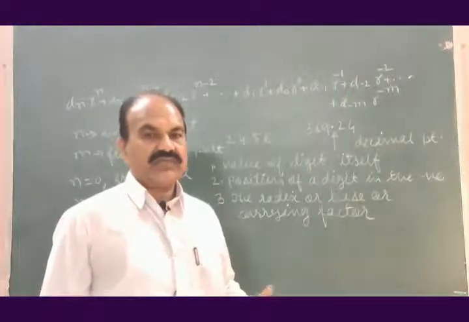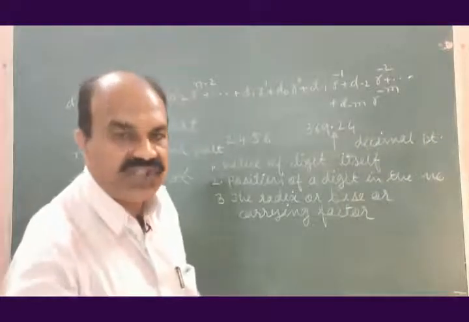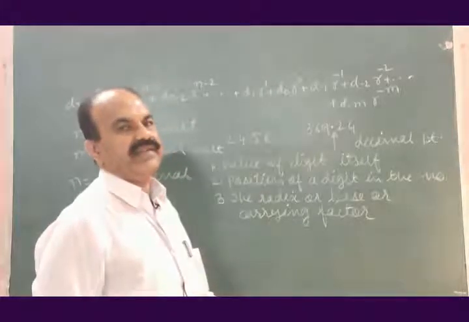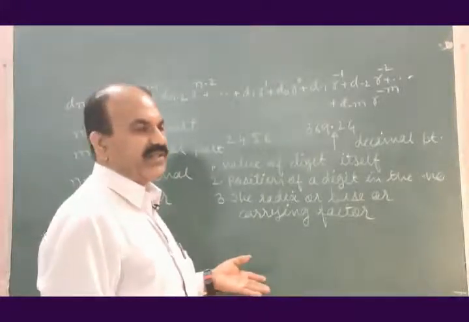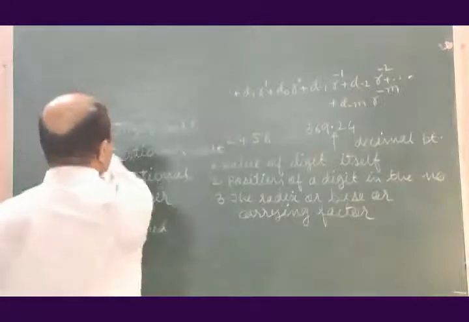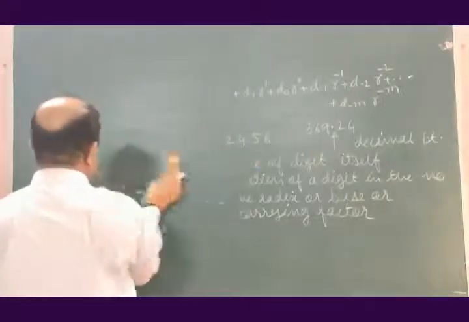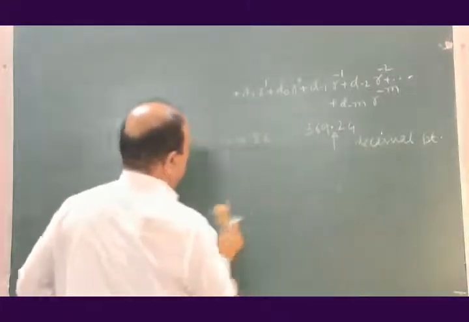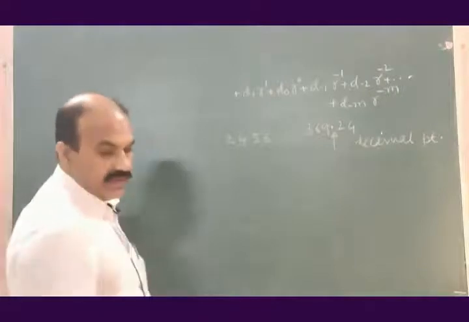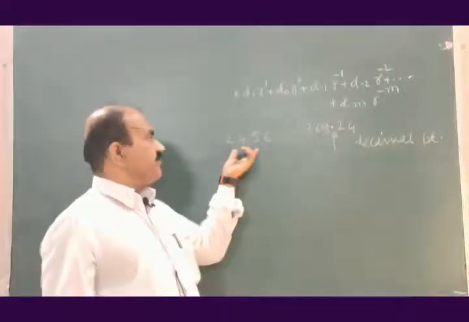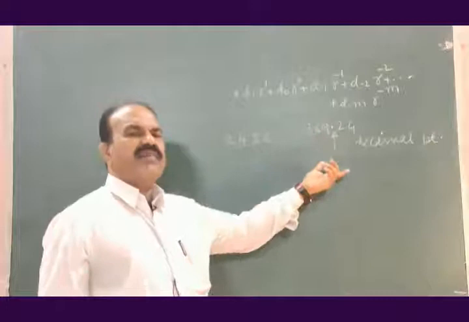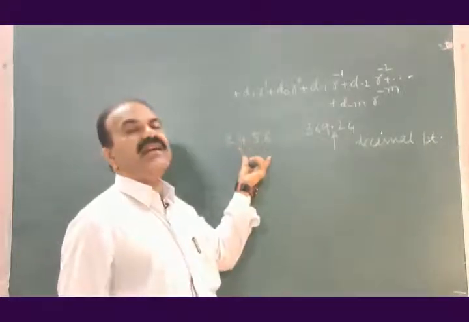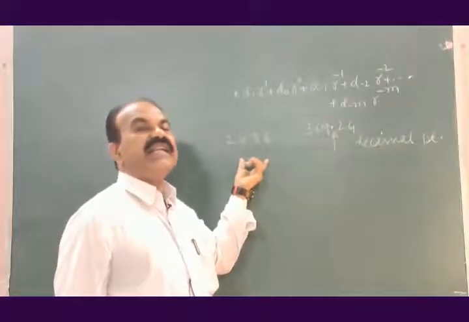As I told, the decimal number system is a positionally weighted number system. Let us verify this statement. To verify this, you may consider this number and this number, or you can go for any other numbers. This is an integral decimal number.